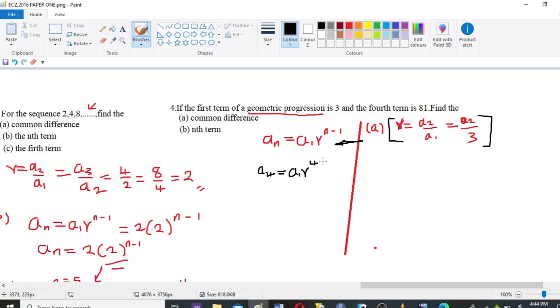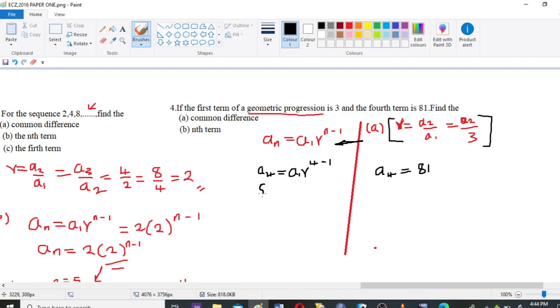Here we're looking at the fourth term. But remember, our a4, which is our fourth term, we've been told in the question that this is nothing but 81. So where we have a4, we are going to substitute with 81.